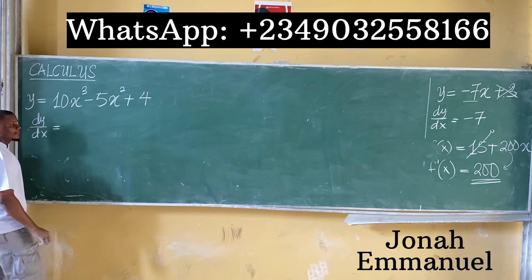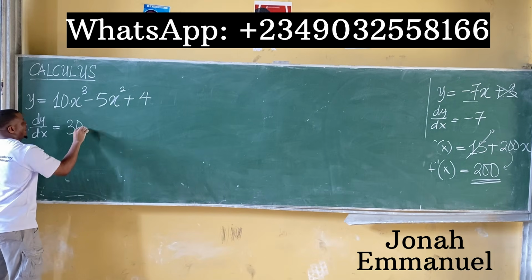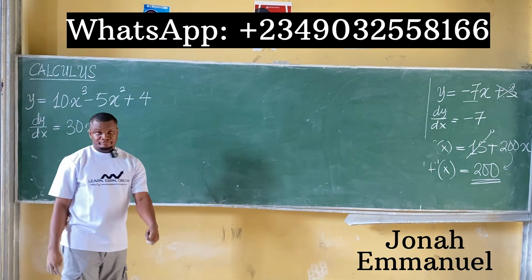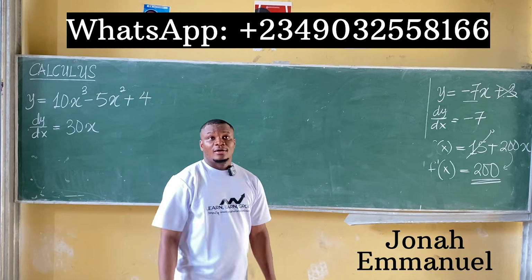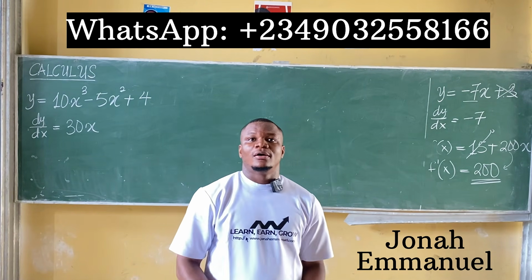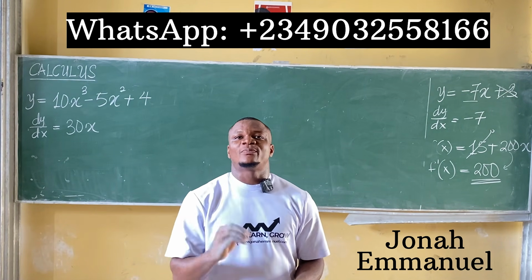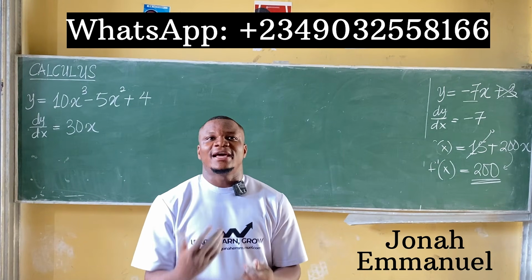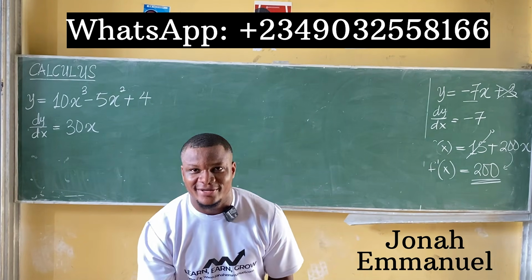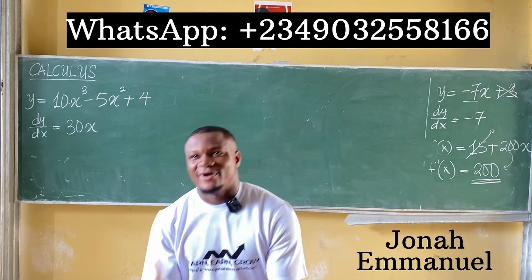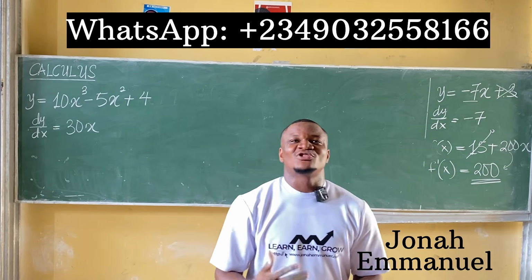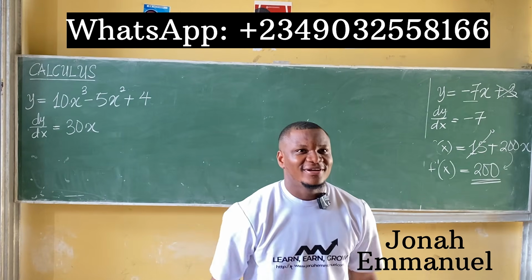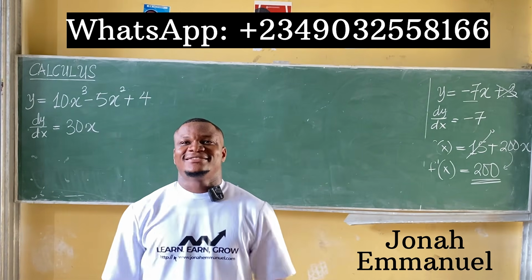Final answer, what do you have? 30x to the power what? If I say 30x, you shout square. Becomes 30x squared. If I say 30x raised to power what? You don't shout square. You shout 2. How can it be raised to power square?